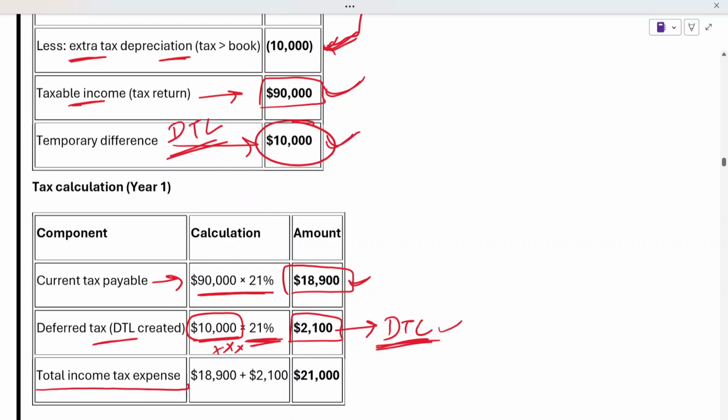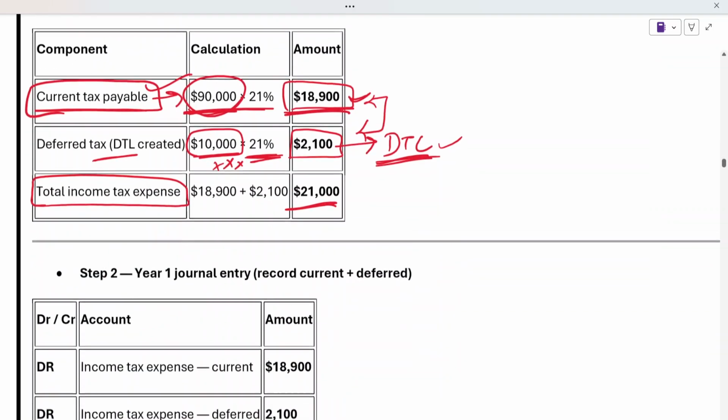Now your total income tax expense will be 21,000 if you add both of them. But to the income tax department, you will say I will be paying only the current tax, right? Because this is what income tax is asking from me, that on a 90,000 income pay 18,900.